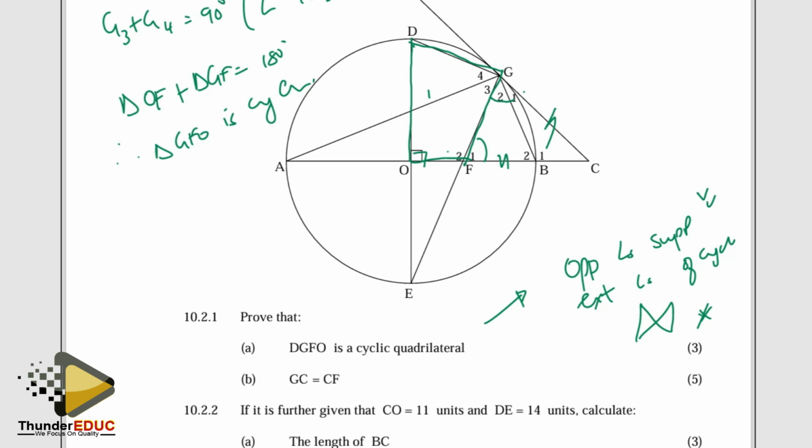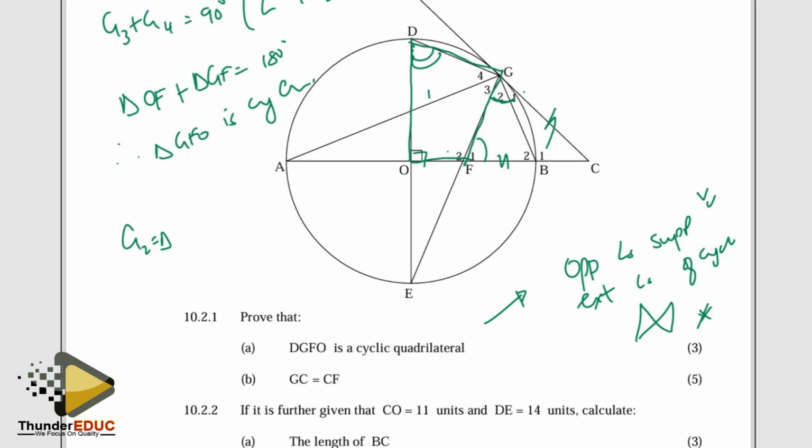So for starters, we can say that G2 is the same as G. We can use the tan chord because it's a chord and a tangent. So this is the same as that.